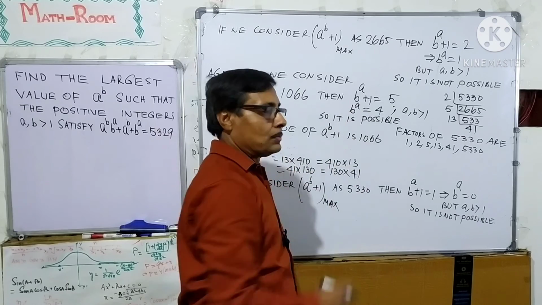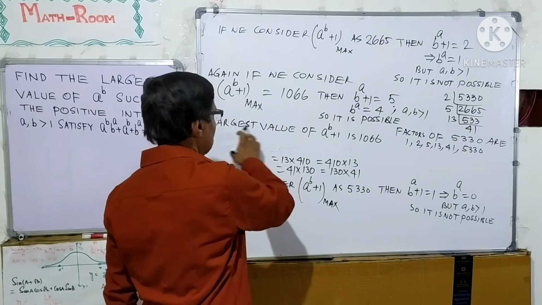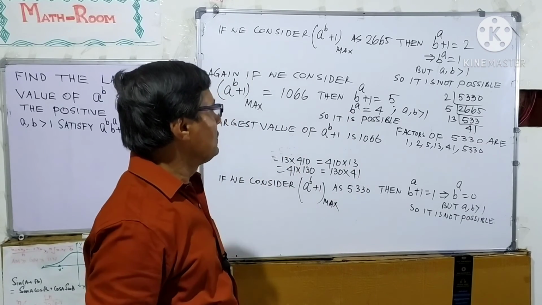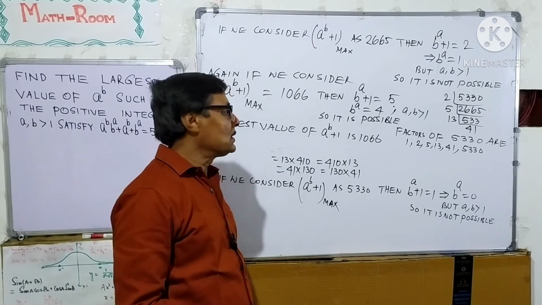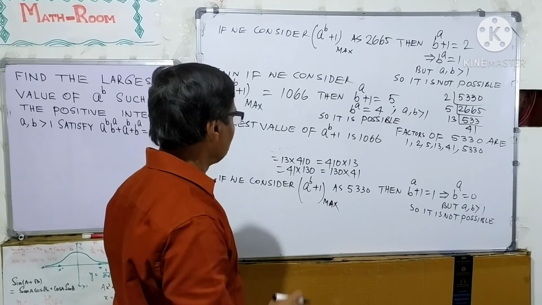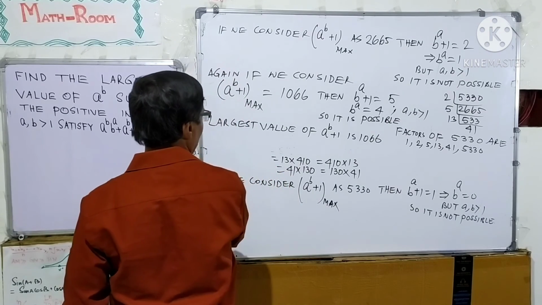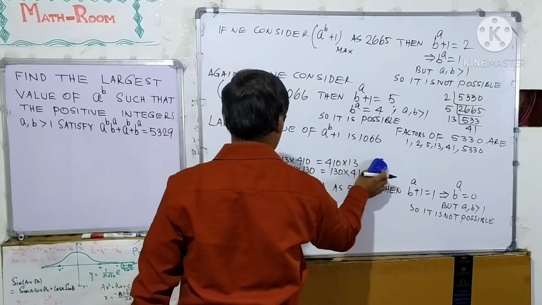So the largest value of a to the power b plus 1 is 1066, and it is possible.